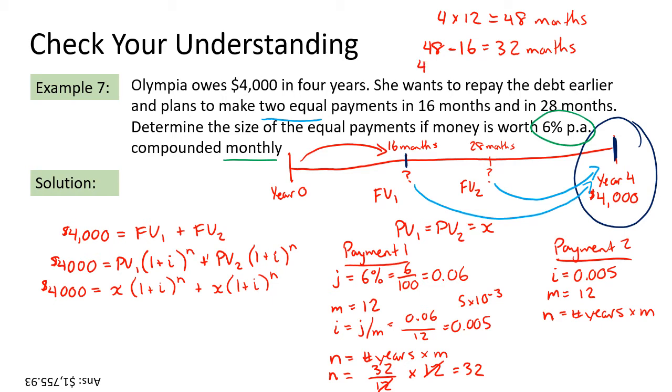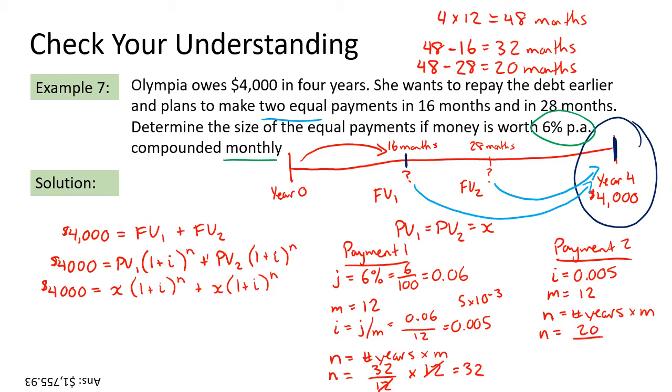So we know, again, that the focal date is year number 4, which is 48 months from now. So to figure out how many months we have to move forward for our future value, we have 48 months minus the months that have already elapsed, 28. So that means we have to go 20 months into the future from this period in time in order to get to year 4. So if we substitute that value in here, we get n is equal to 20.